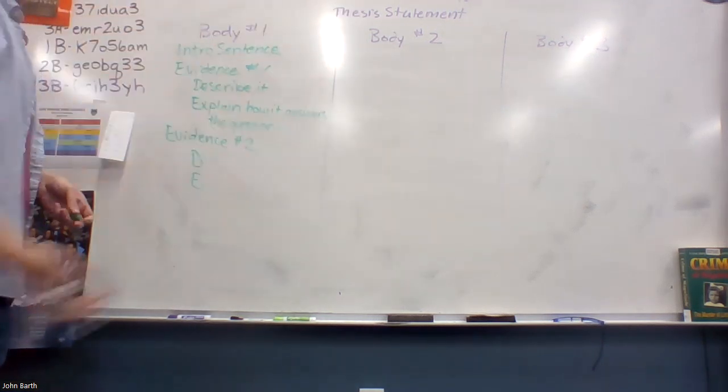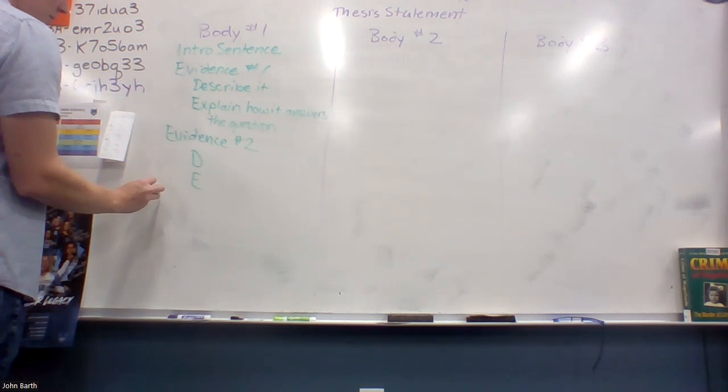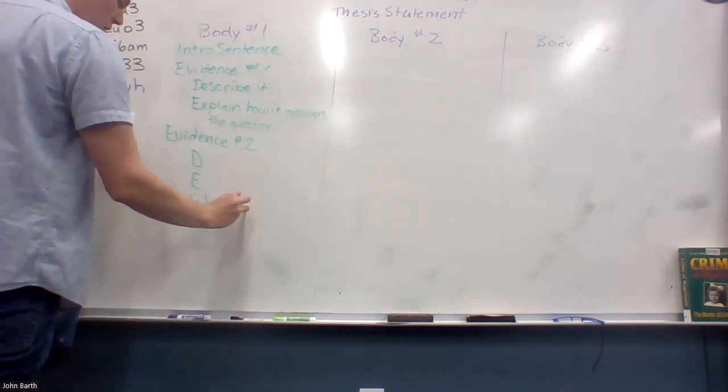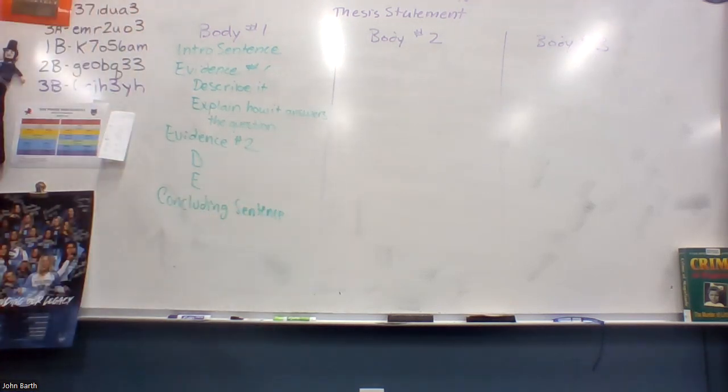Because I'm doing three body paragraphs, that means I only need two pieces of evidence for this body paragraph. Then I finish with the concluding sentence. Something like, all of this shows that different policies led to resistance.